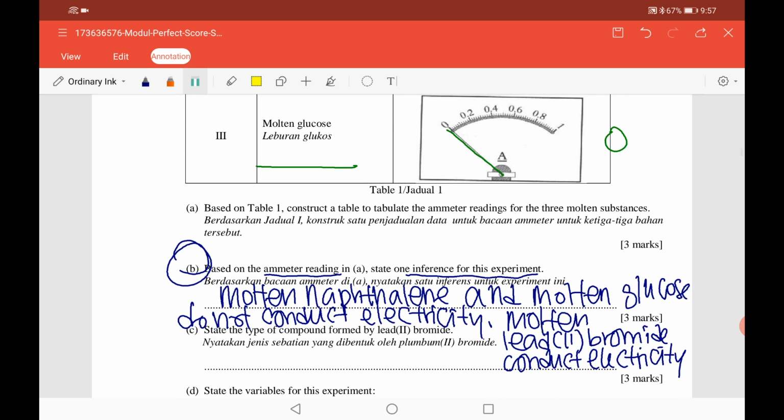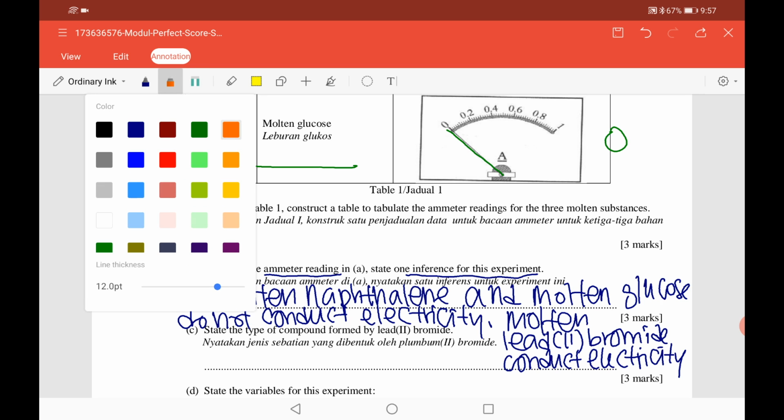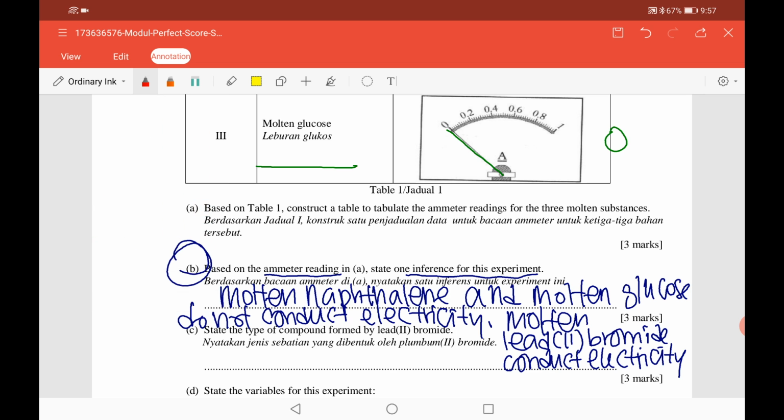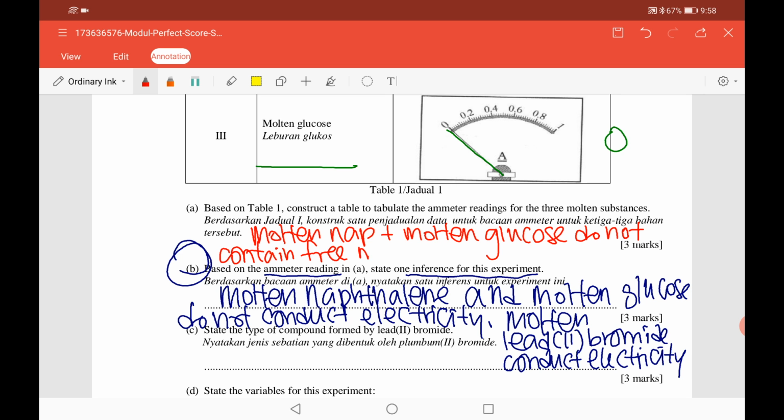So what is the common mistake for many students over here? Like what I say, many students always over explain. Many students will love to write this: molten naphthalene and also molten glucose do not contain free moving ions.